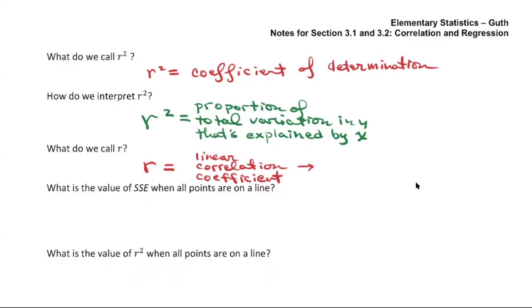It tells us about the relationship, the correlation, between X and Y. So it tells us about the relationship between X and Y.